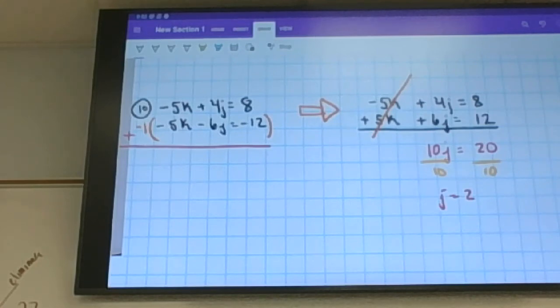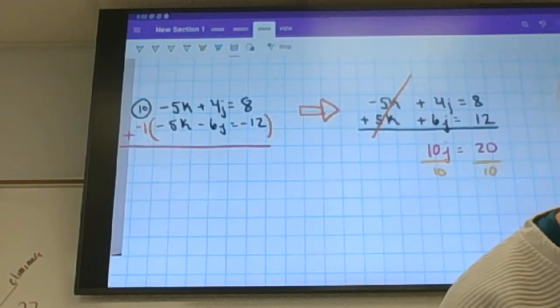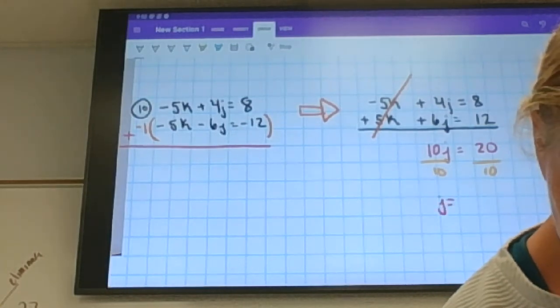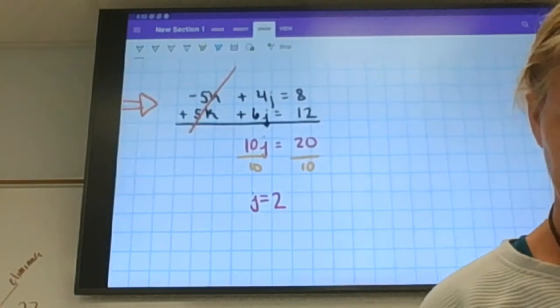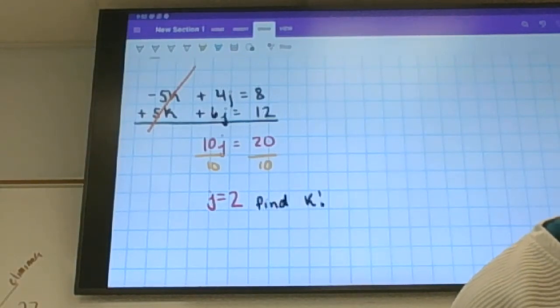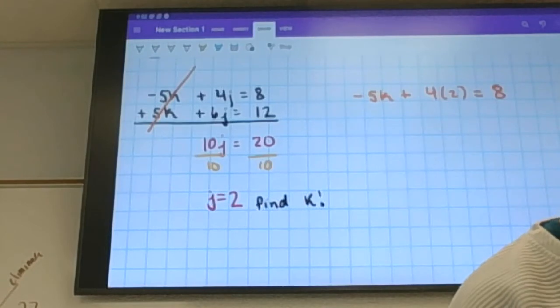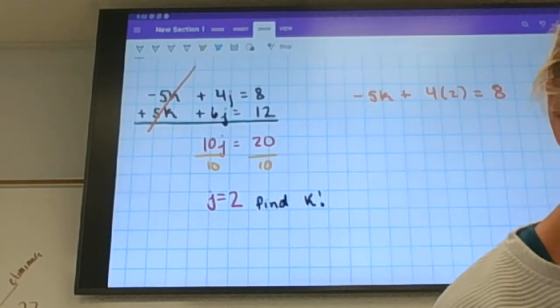All right, I got J equals 2. Don't stop. Find K. Good job, Brenda. Ruben, you're on point today. It's okay. Mistakes happen all the time.